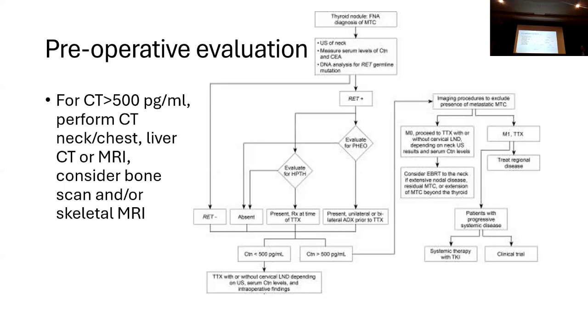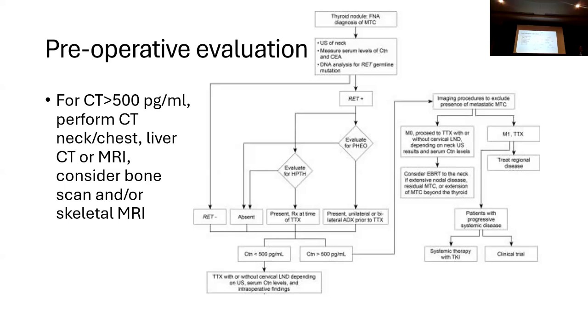And then if the calcitonin level is not much elevated, then the only other imaging that would be indicated is a comprehensive ultrasound of the neck to understand also the lymph node mapping in preparation for surgery, which is the mainstay of treatment.